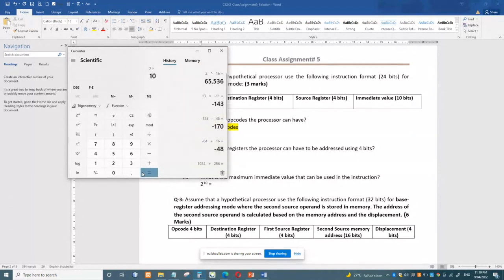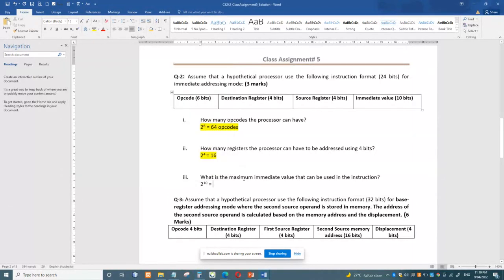One thousand. 1024, if the number is an unsigned number. But if you want to store a signed number, then it will be 2 to the power 10 minus 1. Are you understanding?